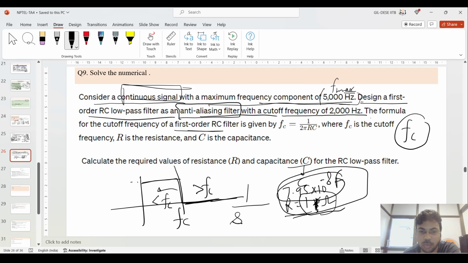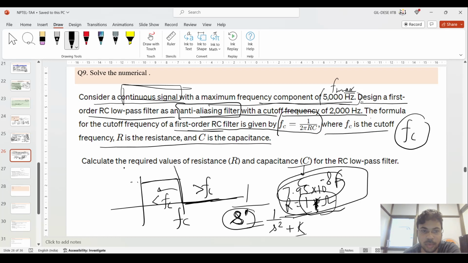It is also saying that you have to design a first order RC. First order in what sense? Order means the power of s. The power of s should be 1. In that fashion, you have to design it. Second order means 1 upon s square plus something term.